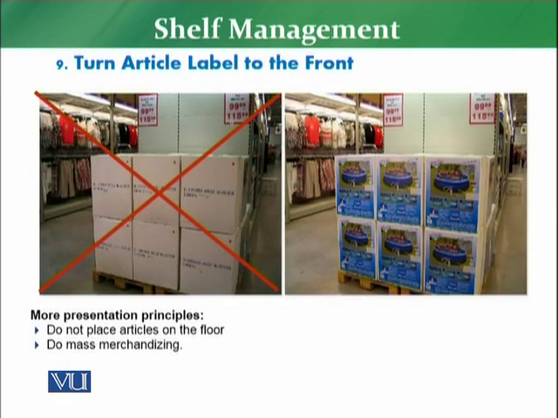Next is about turning article labels to the front. So the ninth principle is the way you have to present the product. This is a yes and this is a no. The two examples easily reflect the rule number 9 of presentation.